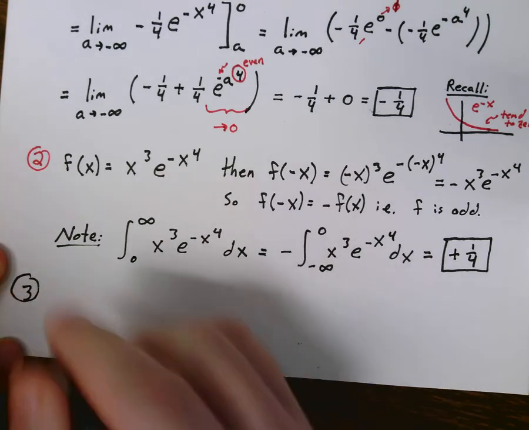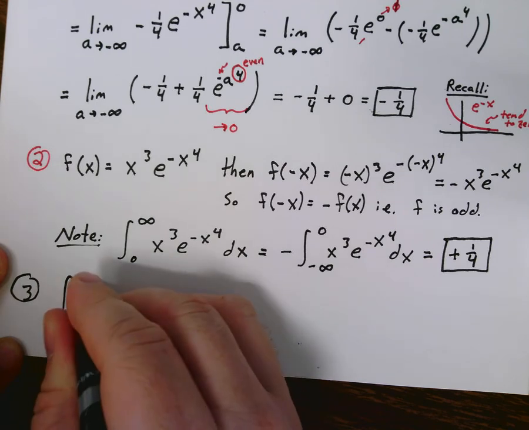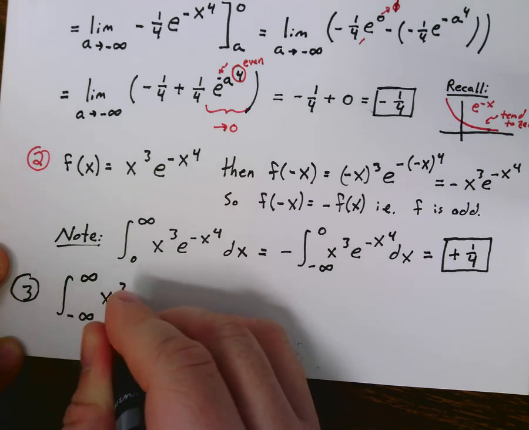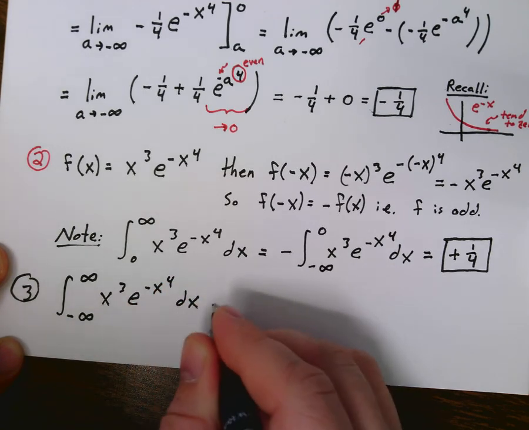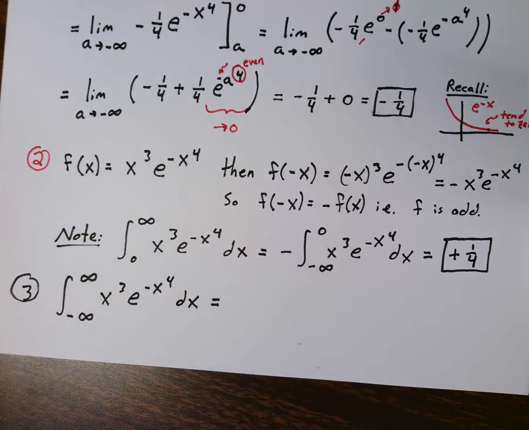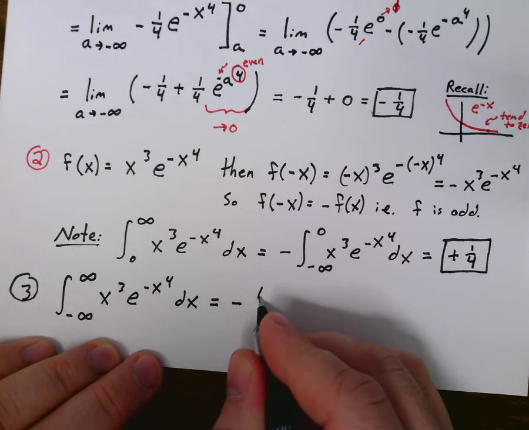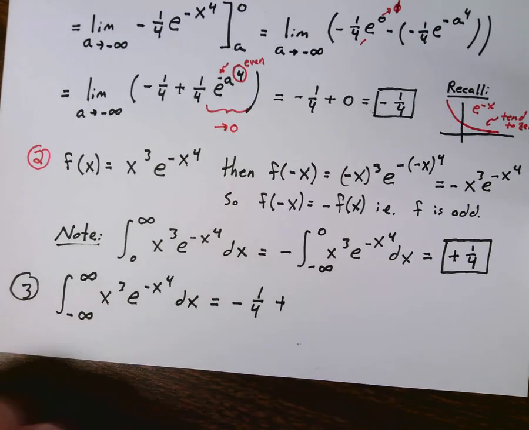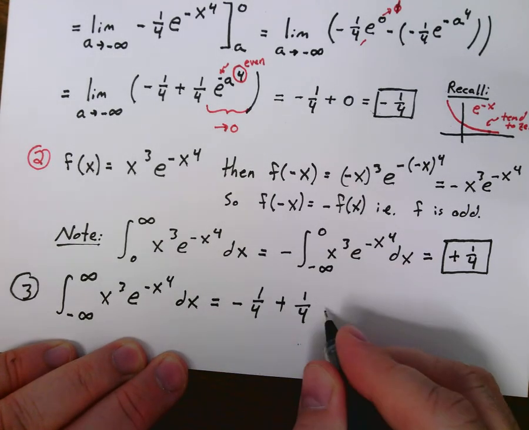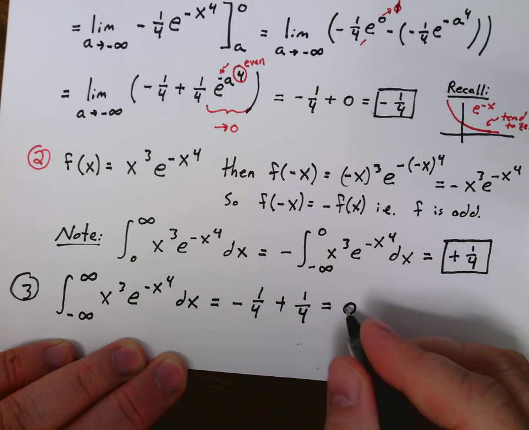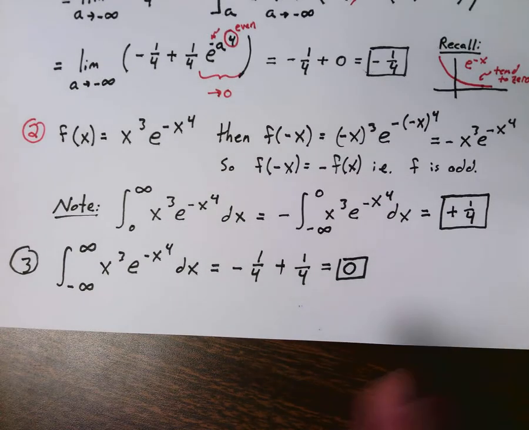So what that means is that the integral from negative infinity to infinity for x cubed e to the negative x to the fourth dx is going to be equal to number 1, which is negative 1/4, plus the second guy, which is also a fourth. And that's crazy, because you actually get no area if you integrate from negative infinity to infinity under the curve.